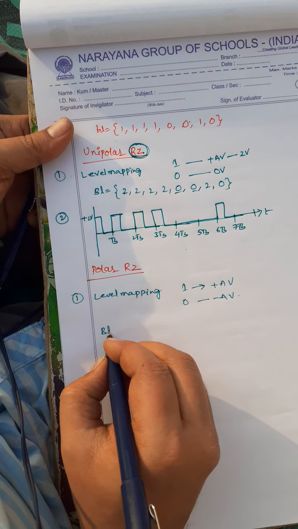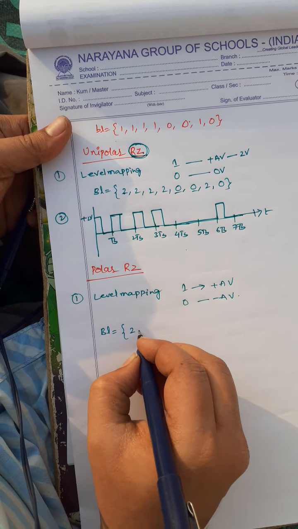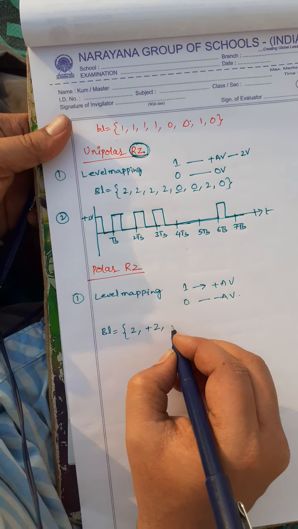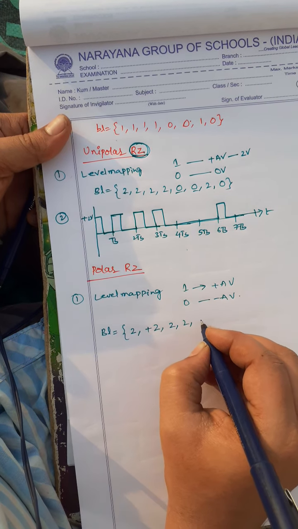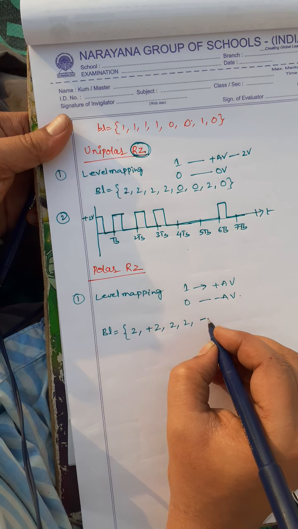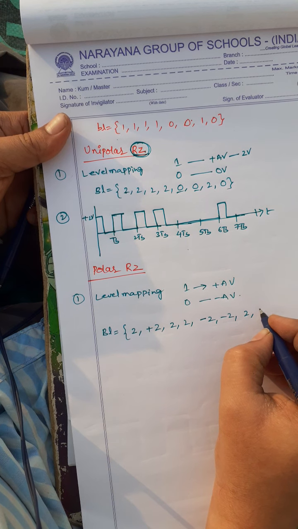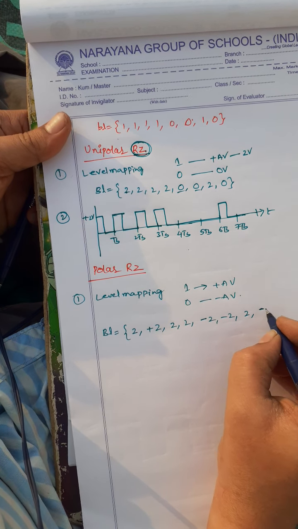Okay, after level mapping, 2 plus 2, 2 2, here 2 zeros means 2 minus 2s, and 2 and 0 means minus 2.